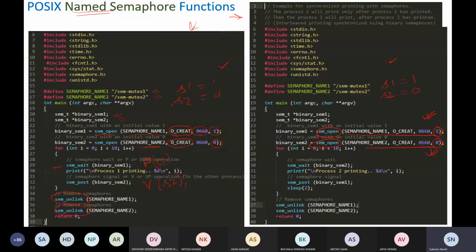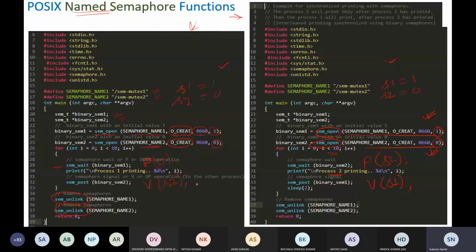One can see it in a specific path in the system. We will find that those semaphore objects are created, which is basically a shared resource, like shared memory, created for the time being. Now this also does the same thing 10 times. It makes a P operation on s2, and after printing process 2, it executes V of s1.